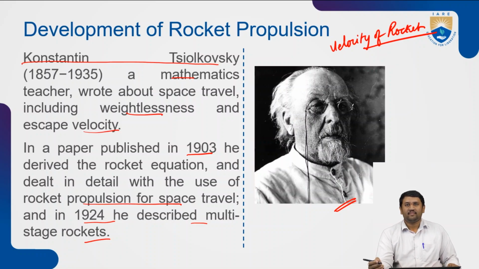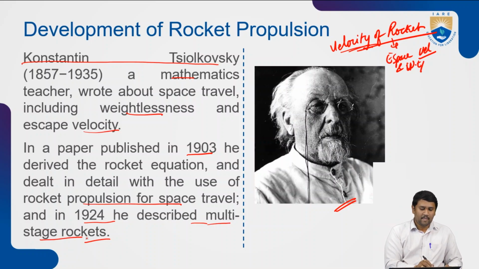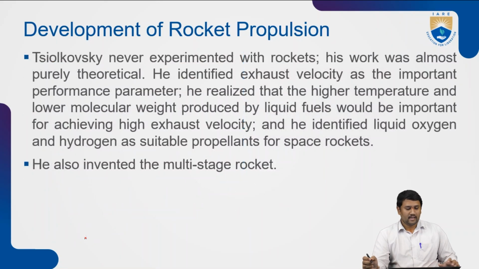According to the velocity of the rocket, he further derived a few terms related to space travel, particularly escape velocity and weightlessness in space. Based on this velocity of the rocket, also called the rocket equation, we will be finding out the total velocity of the complete launch vehicle that we have created. And based on this, he also described the multi-staging of rockets.